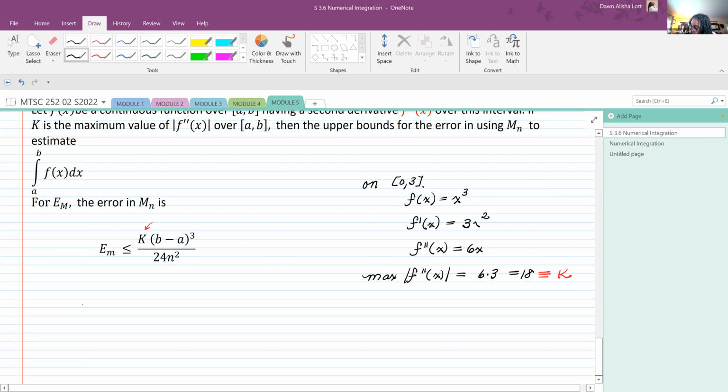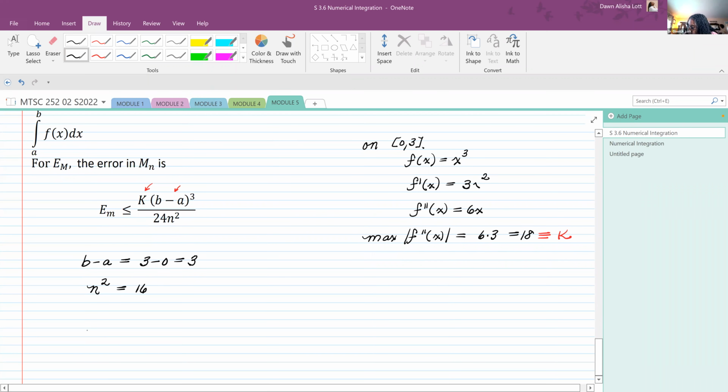Now we also need to find b minus a. B minus a is 3 minus 0. So that's 3. So now we know what goes in here. And the last thing is n squared, and n squared is 16. Okay, so the biggest the error could be for this midpoint rule is going to be k, which is 18, times 3 cubed, that's the b minus a cubed, over 24 times n squared.